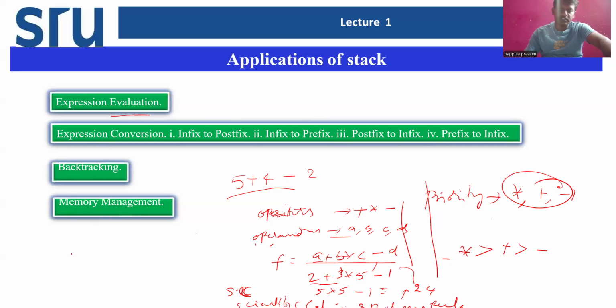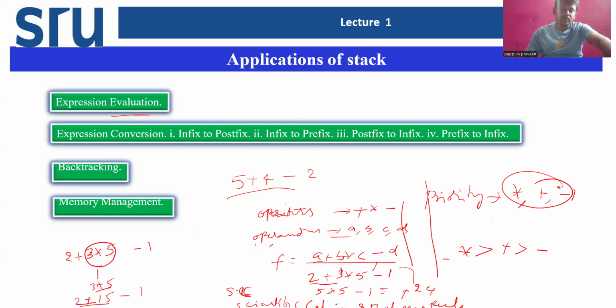Where is the multiplication? 2 plus 3 into 5 minus 1. What is the multiplication value? 3 into 5 is 15. 15 plus 2 minus 1. So next, what is the highest priority? Plus.